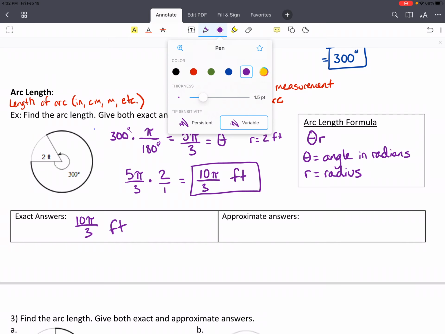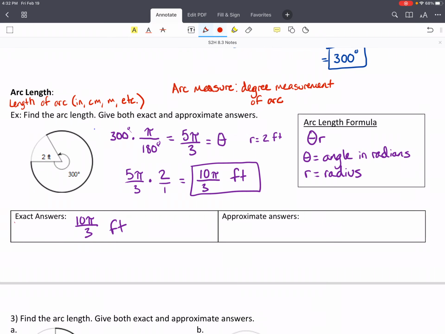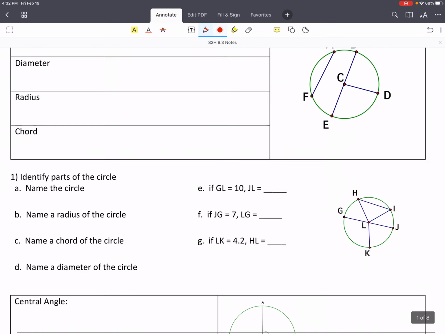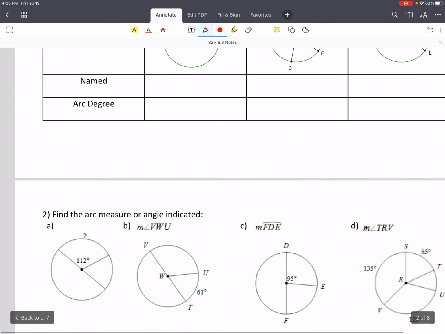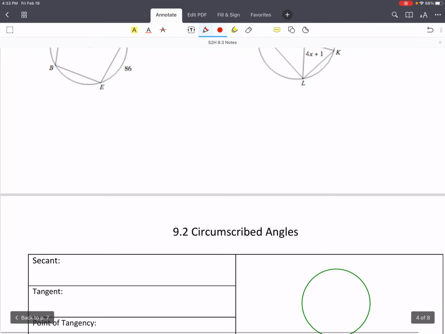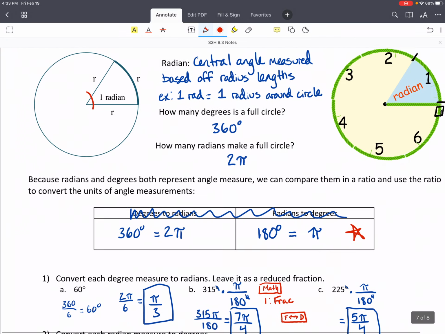That's the exact answer. Exact means you don't round it at all. You're going to leave pi in that answer. Approximate means you rounded something. So you typed it into your calculator, you don't have pi anymore.